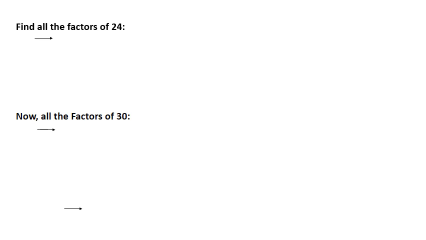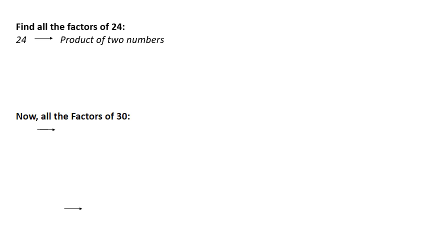Now, when you find factors of any number, you have to see the number as a product of two numbers. When you say product of two numbers, then you have to think of all the possible combinations for the given number. So here also, to find all the factors of 24, we will see all the possible combinations of 24.